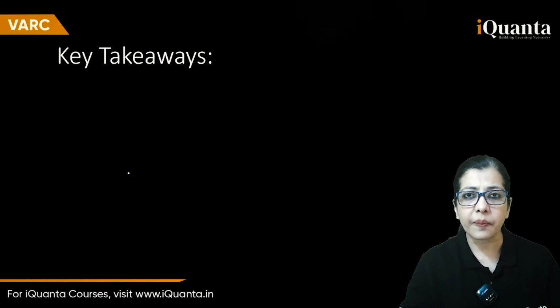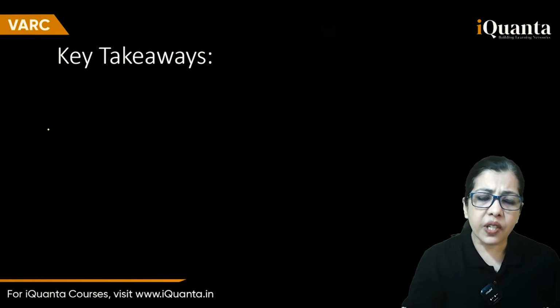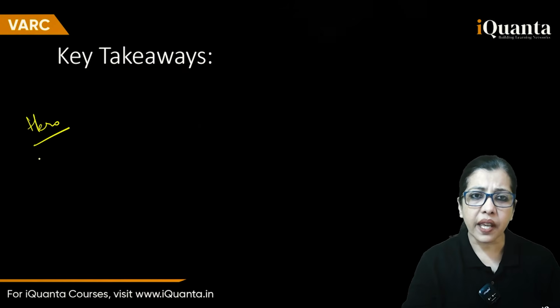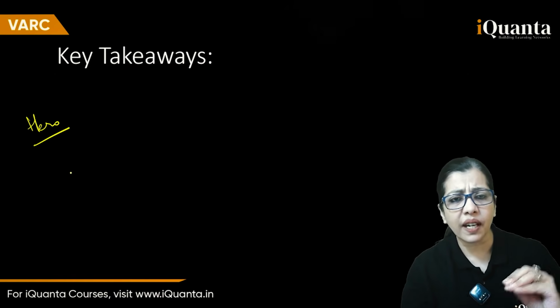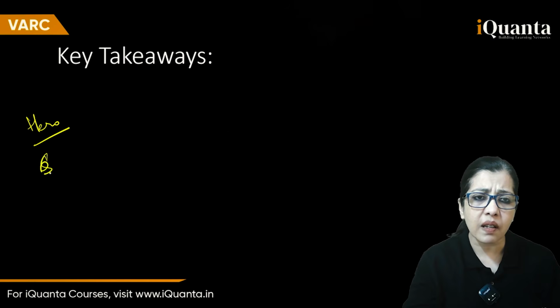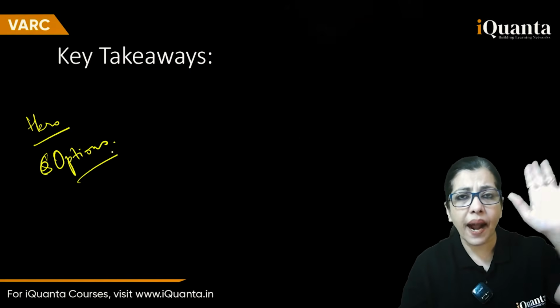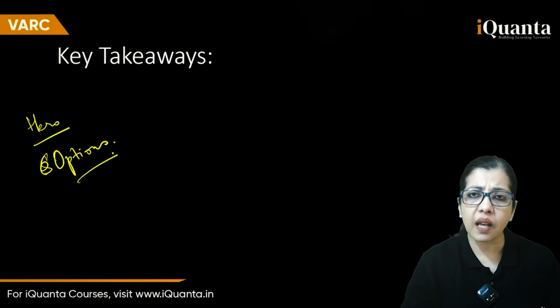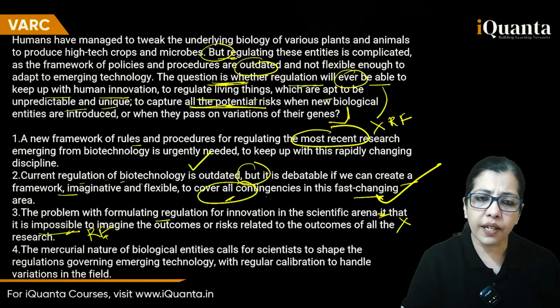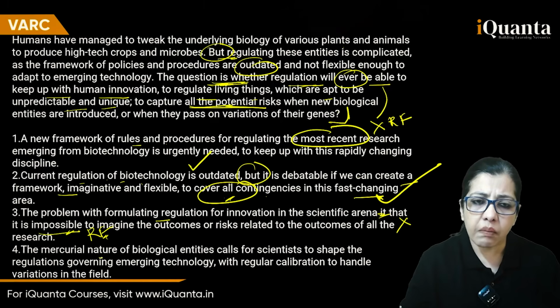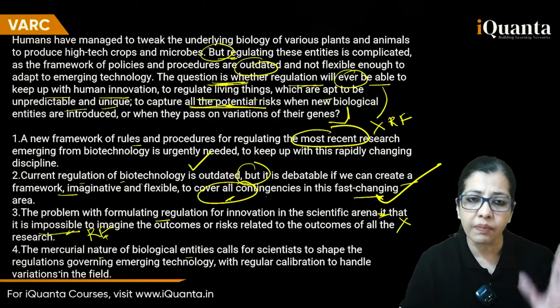Now let me give you the key takeaways. First thing, just check the hero of the passage, of the paragraph, okay. And then when I understood that it's about regulations, something to do with regulations, you can go down and sneak peek at the options. Try to identify a pattern in the options. पैटर्न कैसा होता है? अभी जैसे इसमें मैंने आपको दिखाया भाई, यहाँ पे लाइक रेगुलेशन रूल्स की बात चल रही है, एंड यहाँ मर्क्यूरियल नेचर ऑफ बायोलॉजिकल एंटिटीज कॉल्स फॉर साइंटिस्ट टू शेप द रेगुलेशंस.